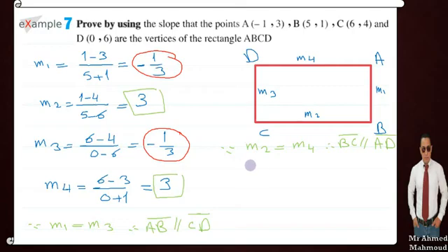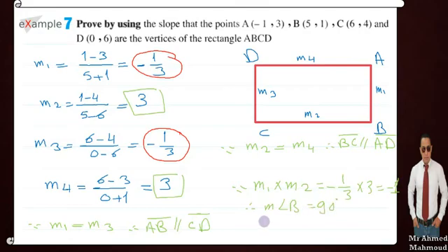Okay, therefore the shape is a parallelogram, and since M1 times M2 equals negative 1 over 3 times 3 equals negative 1, therefore the measure of angle B equals 90 degrees.